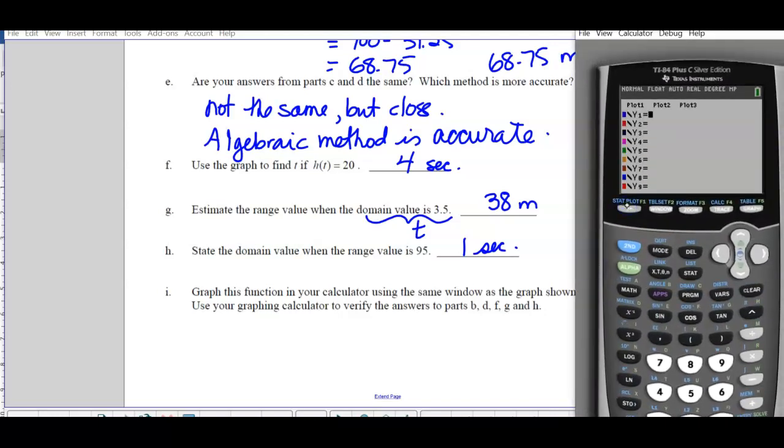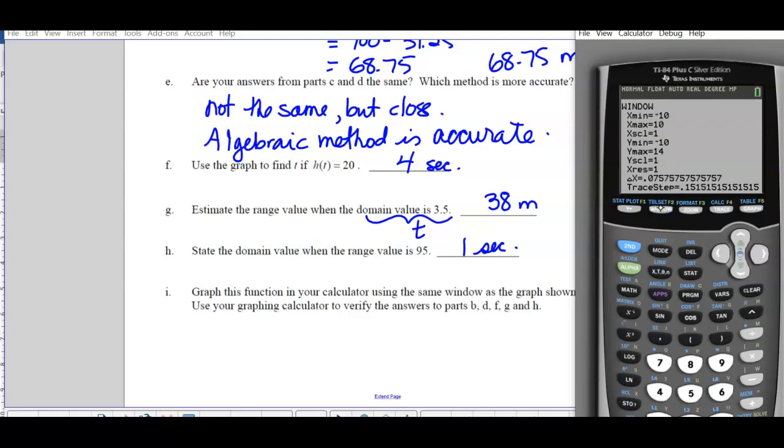So we want to go y equals, our equation was 100 minus 5x squared. So notice how we can't change it to height and time, but height is your dependent, so that's going to be y, and time is your independent, so that's going to be x. Okay, and then same window as the graph that's shown.